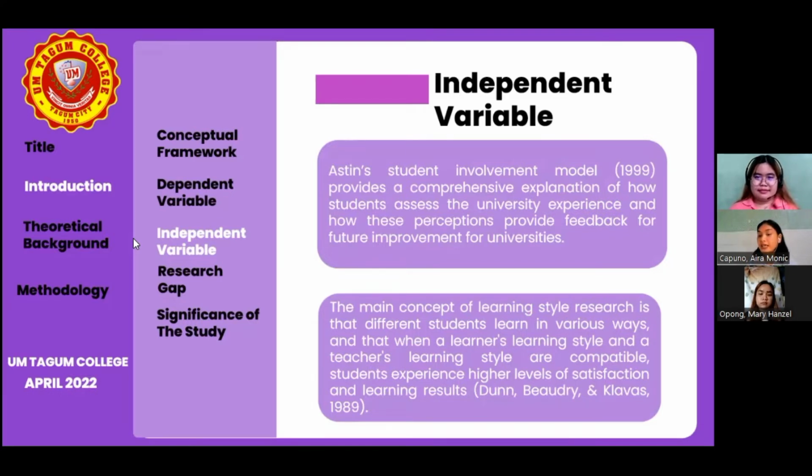The instructor's feedback intends to boost students' performance. For learning style, different students learn differently. And lastly, self-motivation is the core of self-regulated learning. Astin's student involvement model explains the students' perception of their satisfaction with the university's experiences and how it serves as the basis for future development of universities.